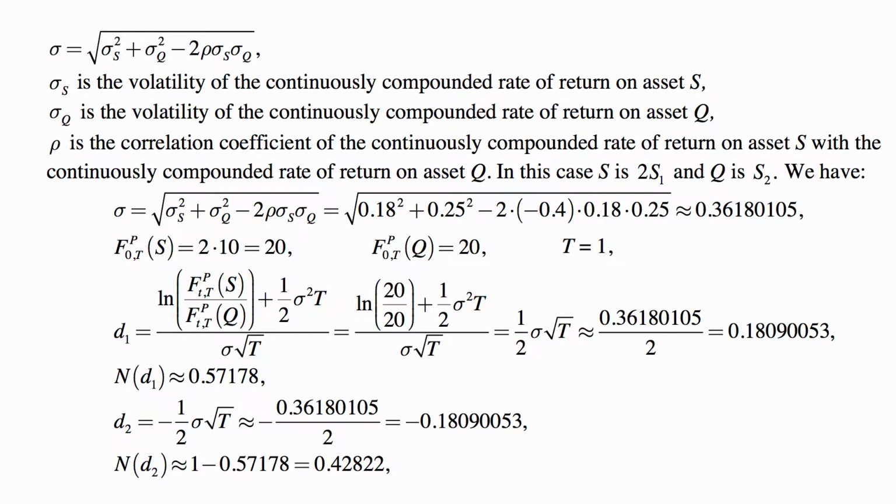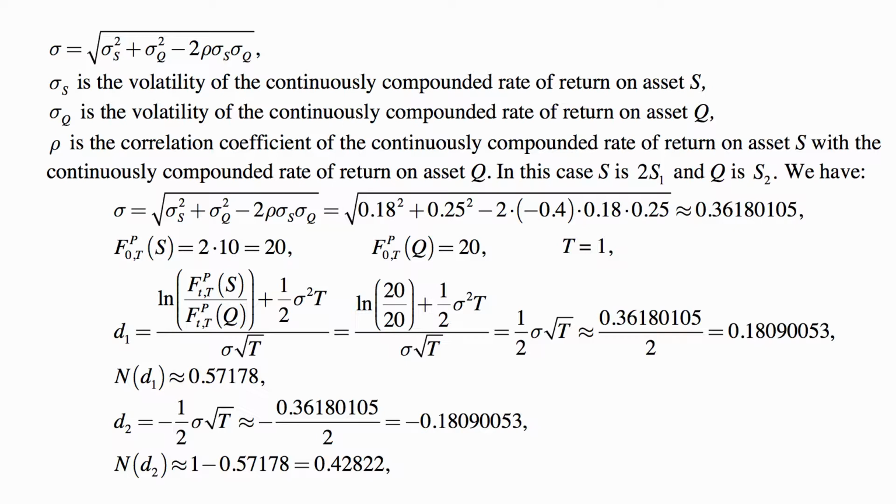And it just so happens that they're equal, so the natural logarithm of 1 is in the formula. So d1 is just 1/2 sigma square root of T, and T is 1, so the square root of that is 1.